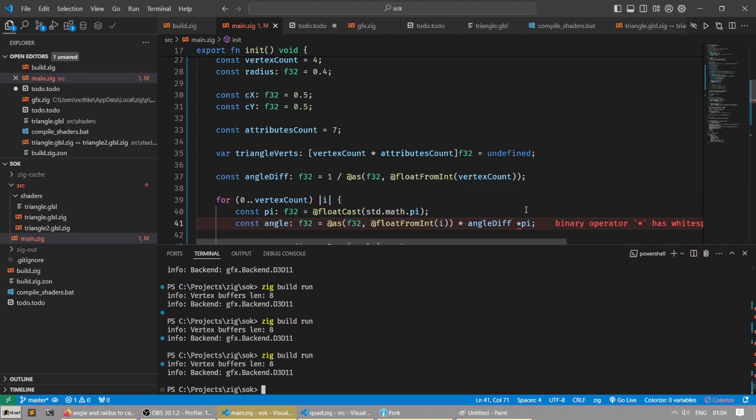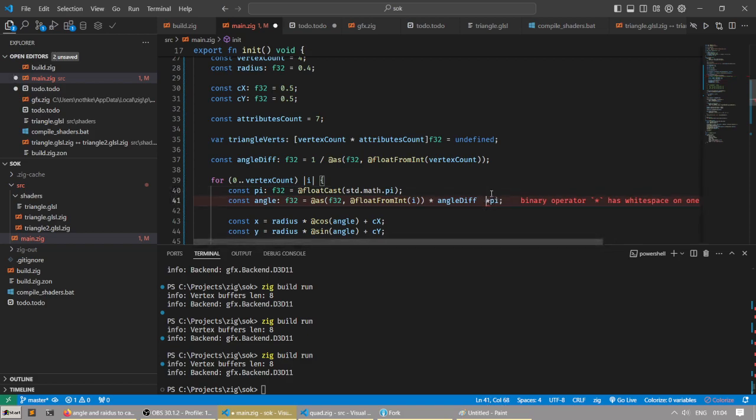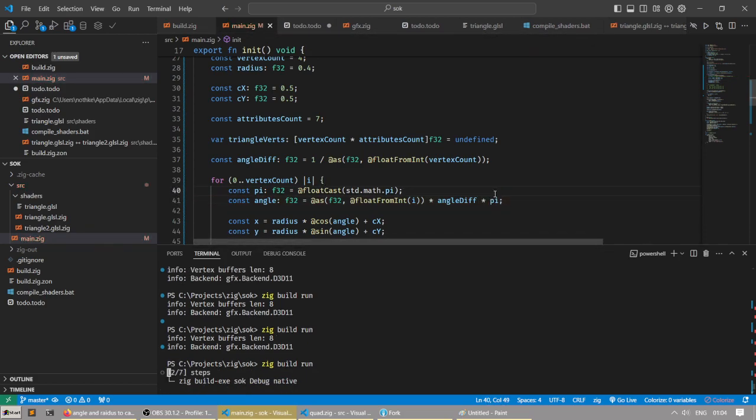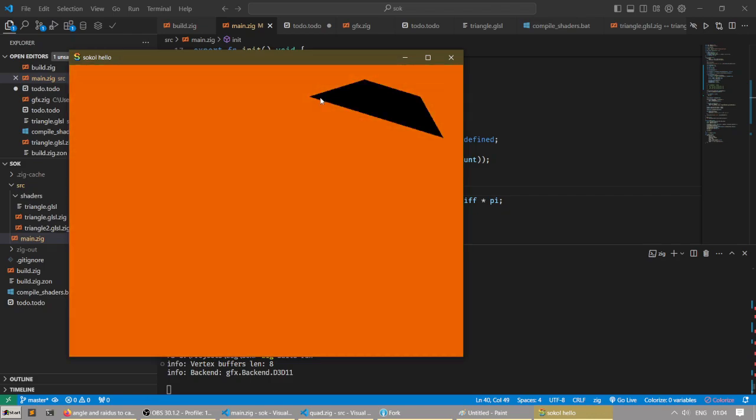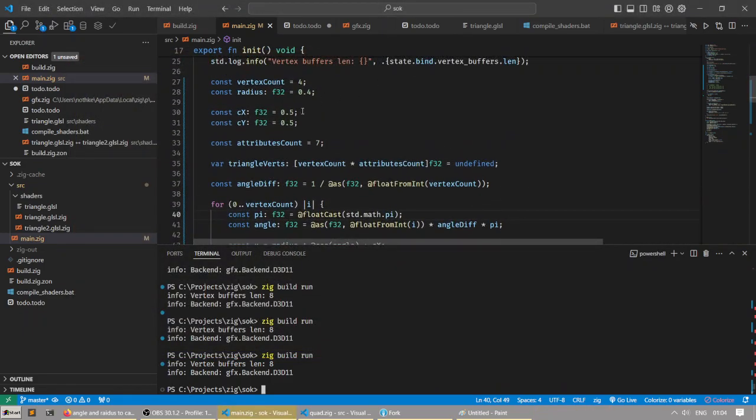What binary operator has white space? Oh, okay, of course, because this is not a pointer. Okay, there's something so strange happening. What if I put this to 0?